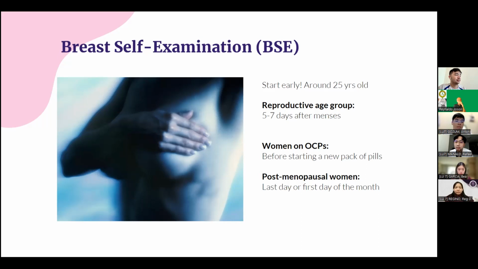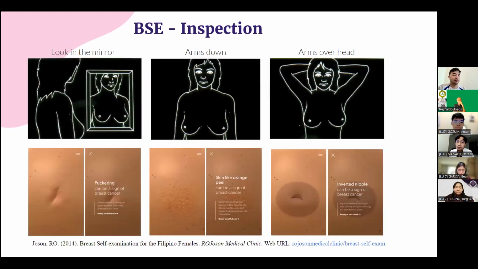So next slide, please. For the BSE, what we can tell our patients is that each month you can go in front of the mirror and check your breasts. There are two things that you have to look out for when you're doing a breast self exam. The first one is inspection, and the second one is palpation.